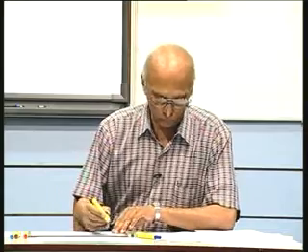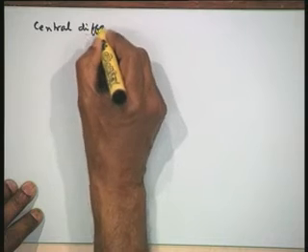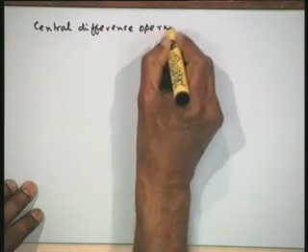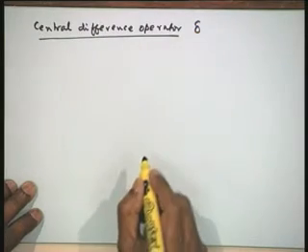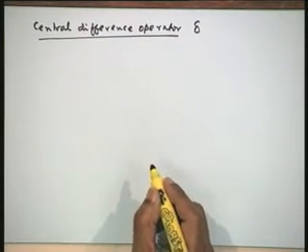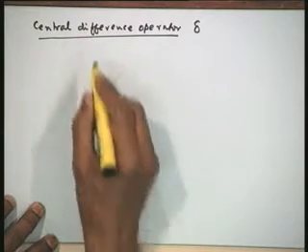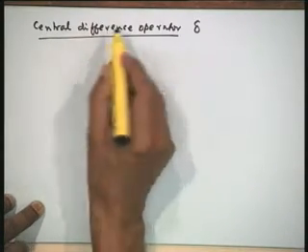Now, one more important operator that we would like to have is called the central difference operator. The notation used for this is δ. Now, it is a central difference, therefore, it is a symmetric difference.